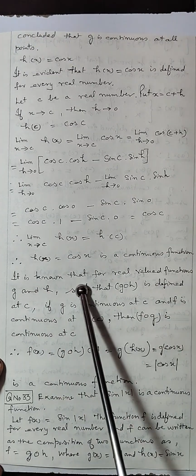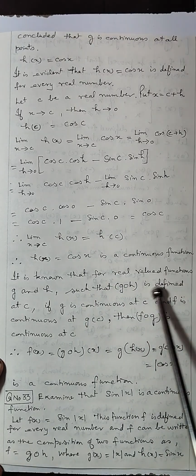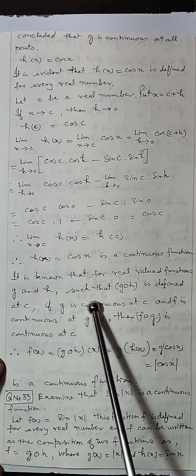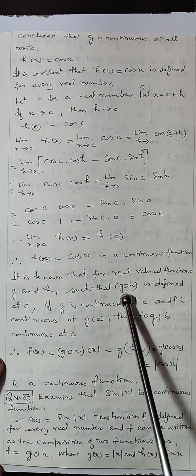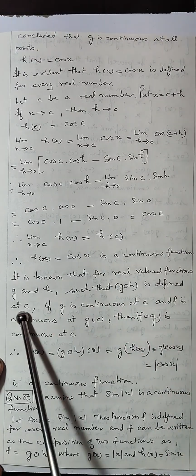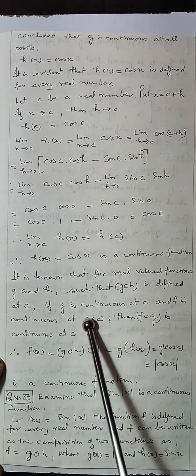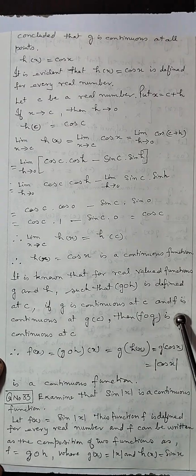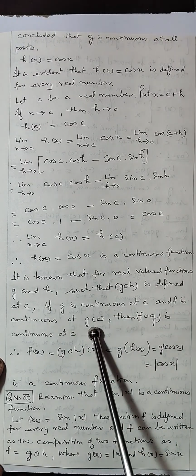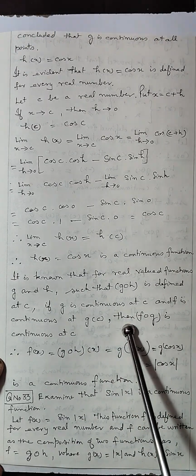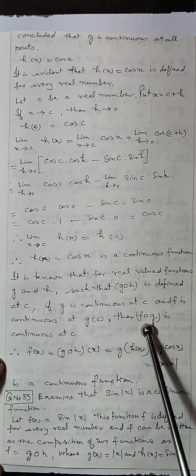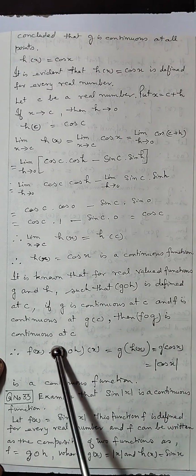It is known that for real valued functions g and h such that g∘h is defined at c, if h is continuous at c and g is continuous at h(c), then g∘h is continuous at c.